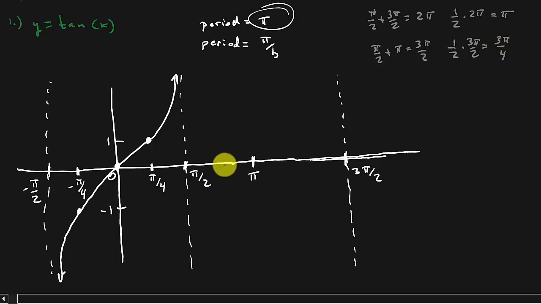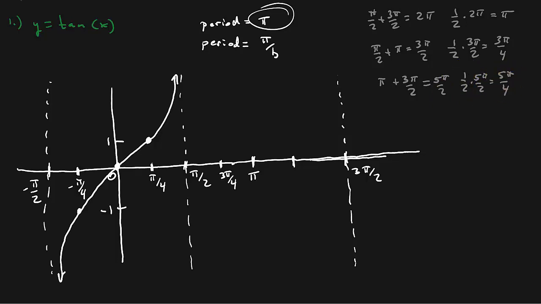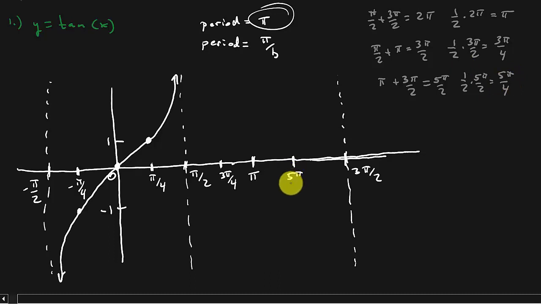So this midpoint is 3 pi over 4, and then I need the midpoint between pi and 3 pi over 2. So I would have pi plus 3 pi over 2, and that's going to be 5 pi over 2. And then half that, that's 5 pi over 4. And so this would be 5 pi over 4.